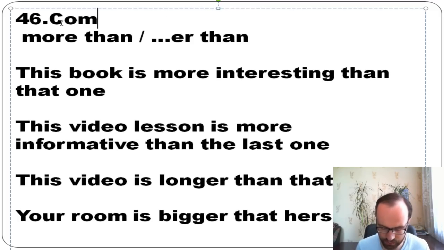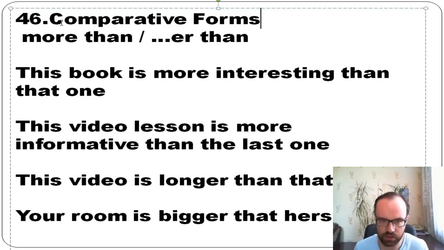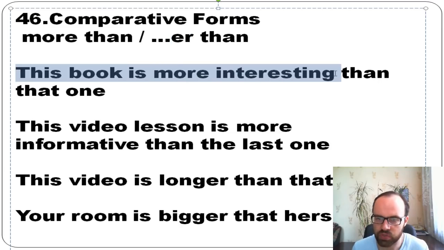So, comparative forms. So we often hear more than, or we add er than. Look, this book is more interesting than that one.